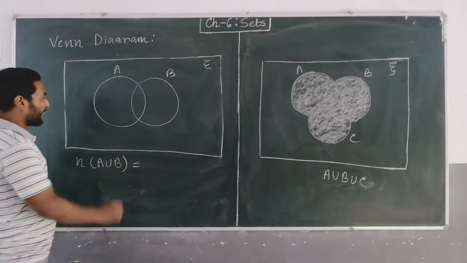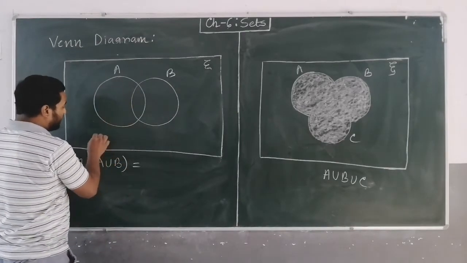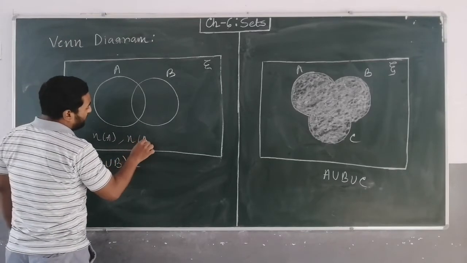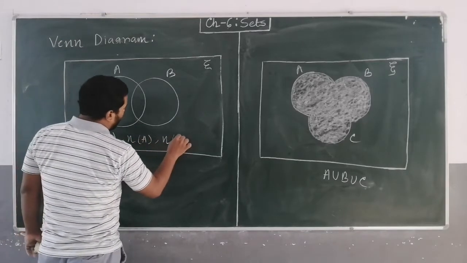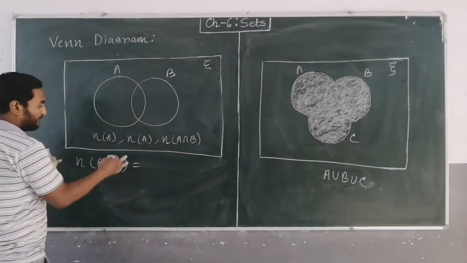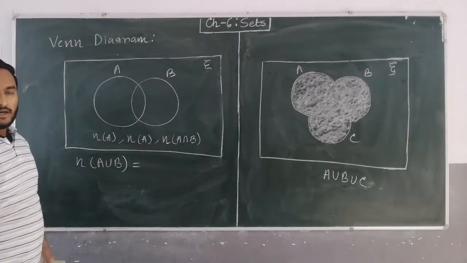So suppose three things are given: the number of elements in A is given, the number of elements in B is given, and the number of elements of A intersection B. These three things are given. Then you have to derive a relation.